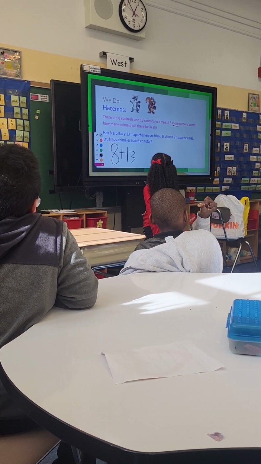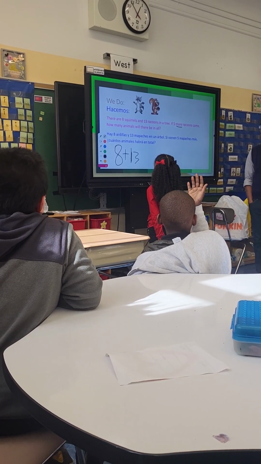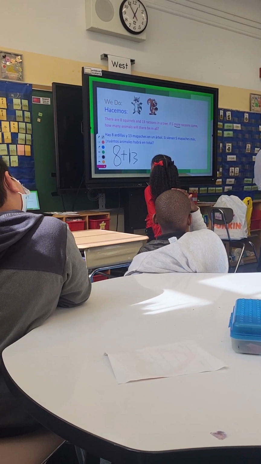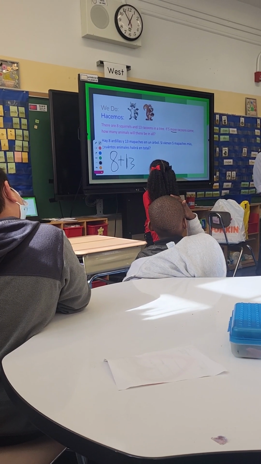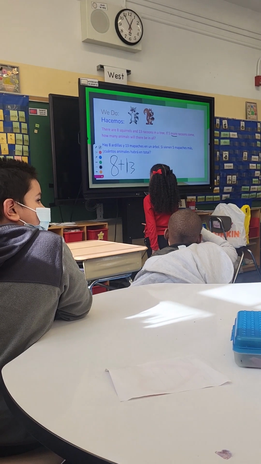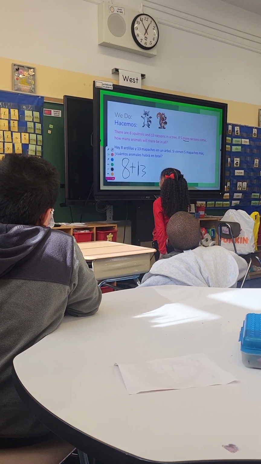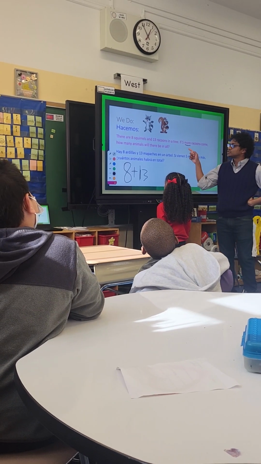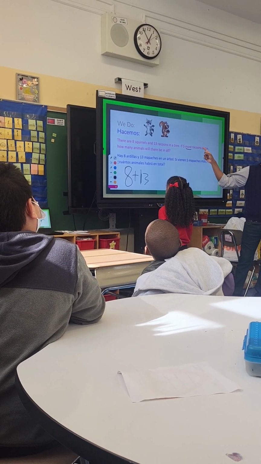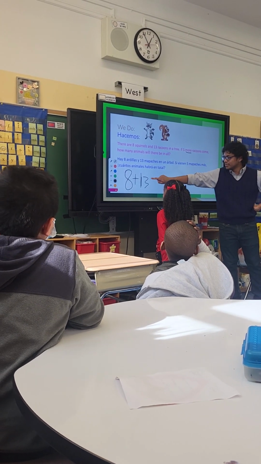I see something here. Samuel caught a little bit of a mistake. What was our mistake? Dominic? I think our mistake was that we skipped straight to adding 5. We forgot about the 13 raccoons. So Samuel, 8 plus 13, what is that?